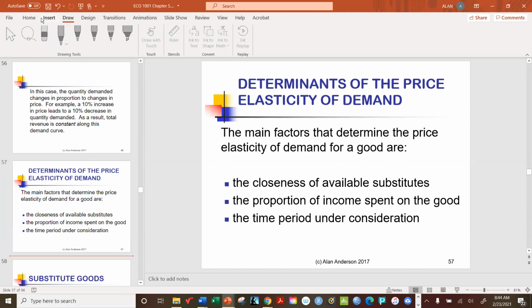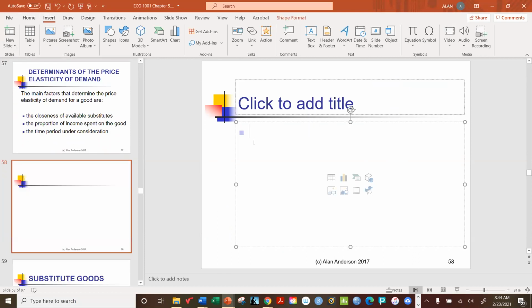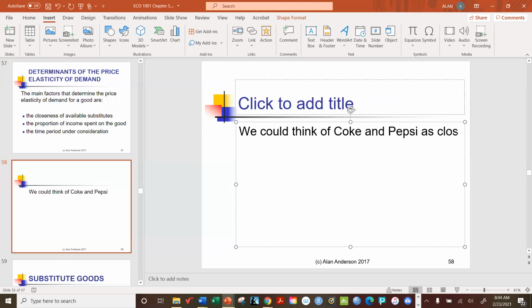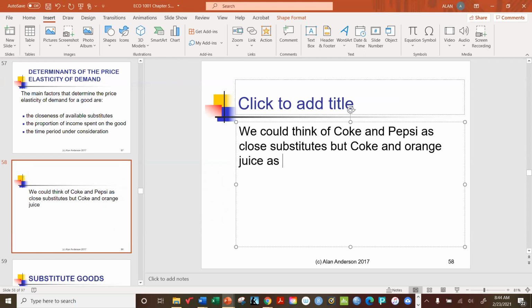So, for example, we could think of Coke and Pepsi as close substitutes, but Coke and, let's say, orange juice are not very close substitutes.